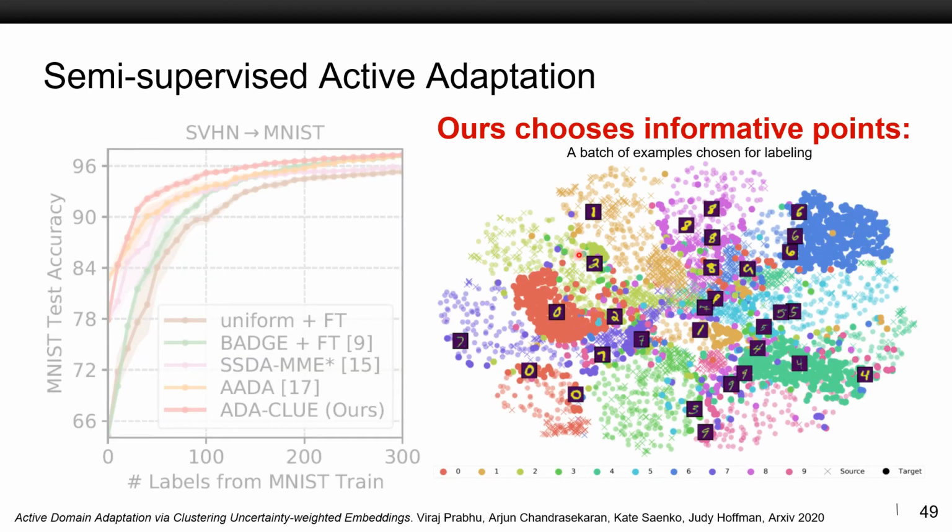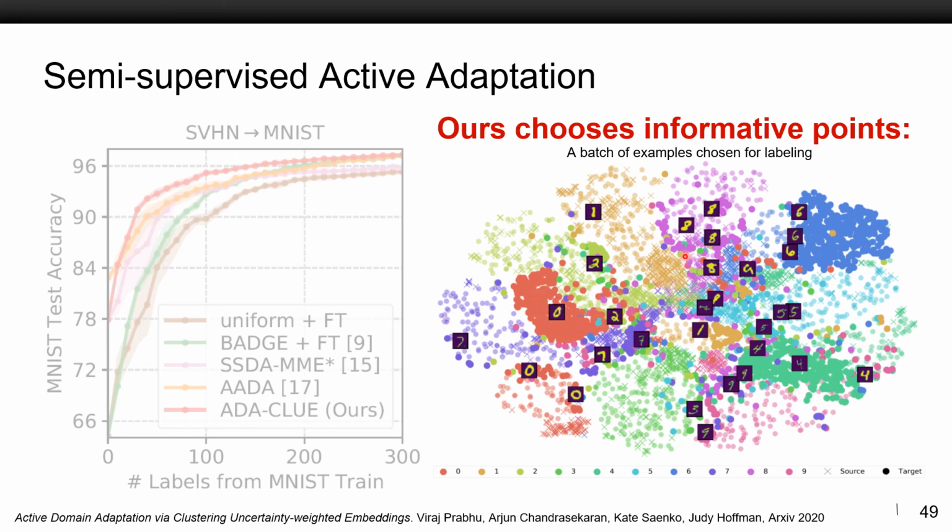Then when we look at which examples our method chooses, we see that it's choosing more informative points. So here, these pictures visualize one batch of examples that was chosen by our method for labeling. And we see that they more often come from solid regions.